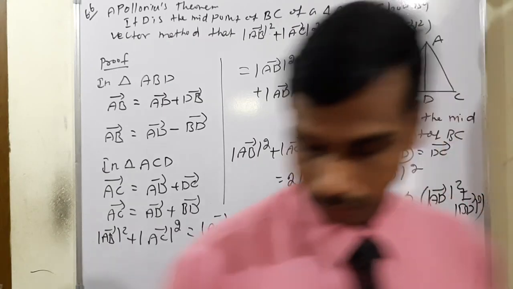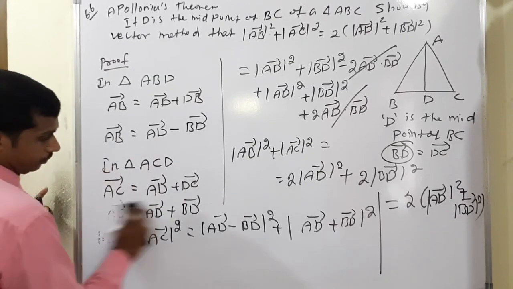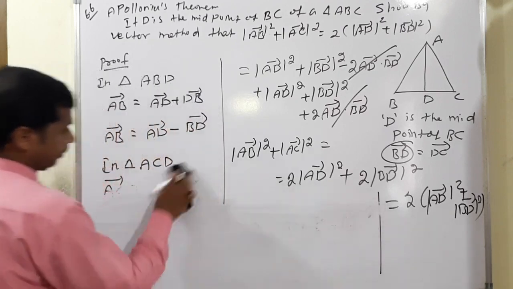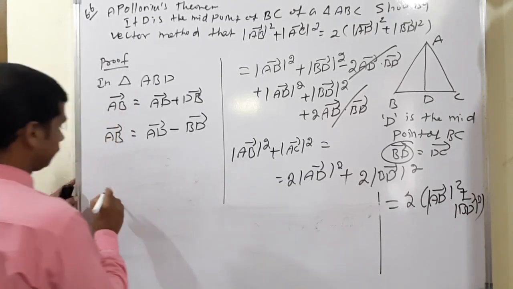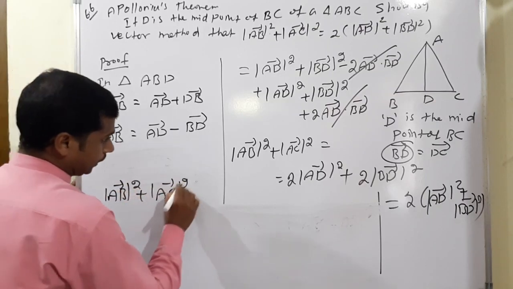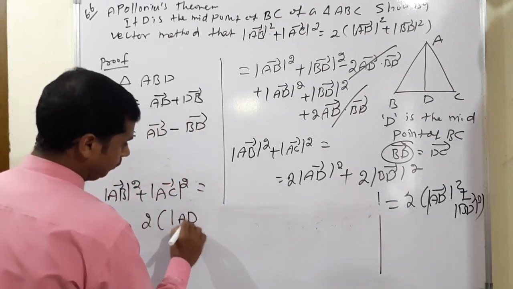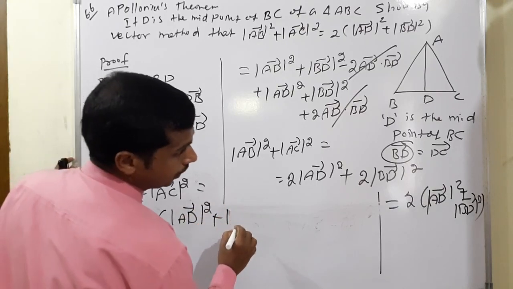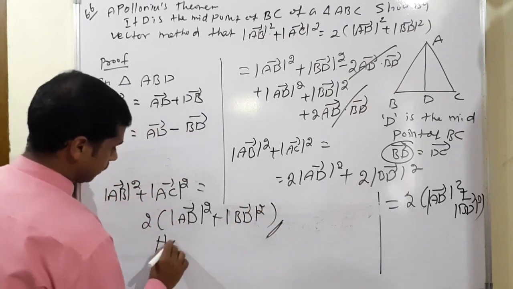Therefore, we can write the correct line, the first line: modulus of AB vector square plus modulus of AC vector square is equal to 2 into modulus of AD vector square plus modulus of BD vector square. Hence proved.